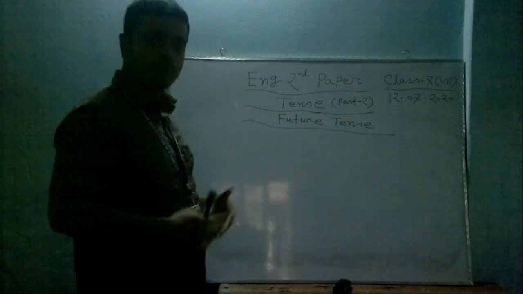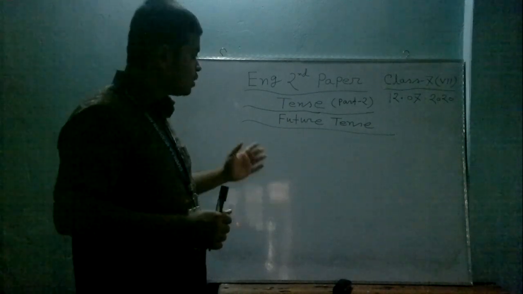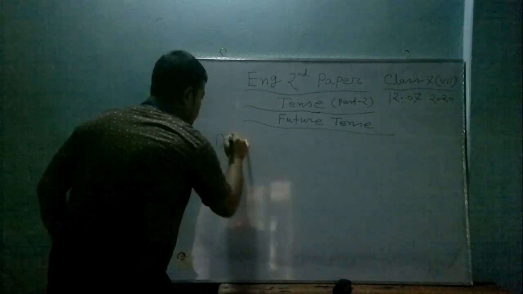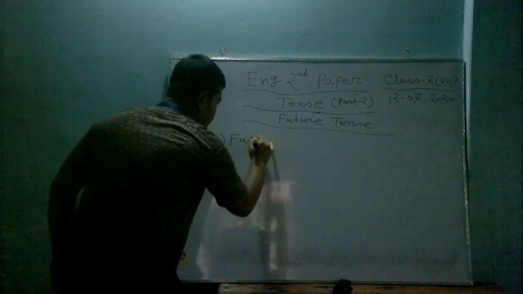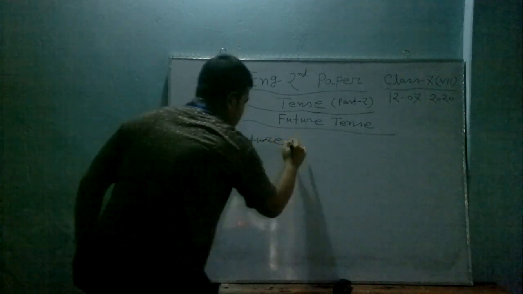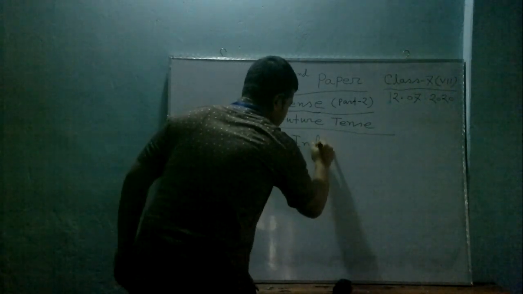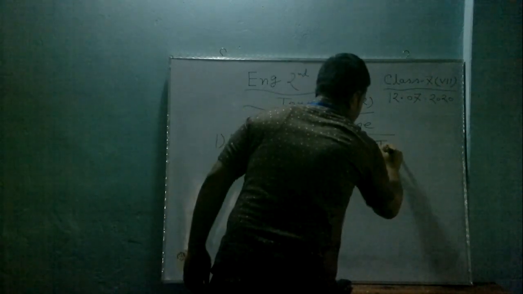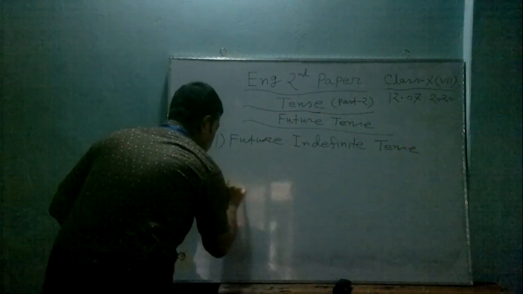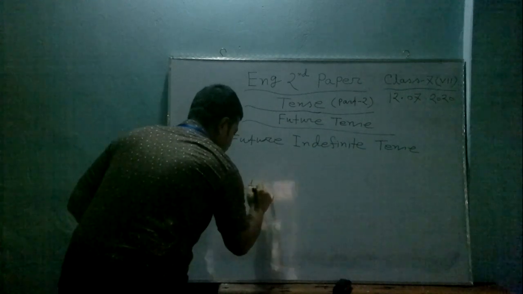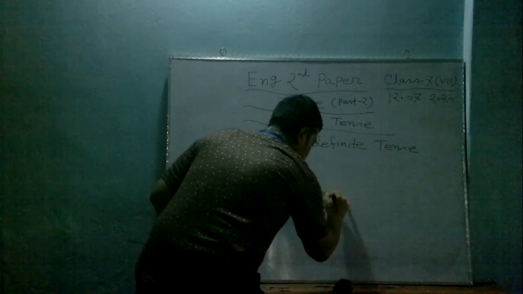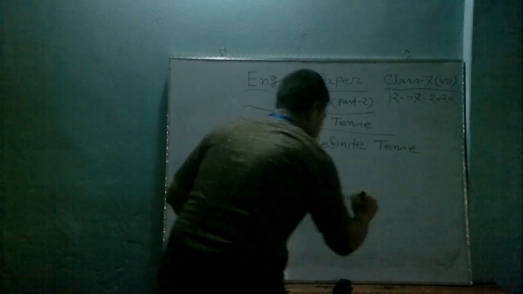With the similarity between present and past tense, future tense is also divided into four parts. First part is called future indefinite tense. Second part is called future continuous tense.